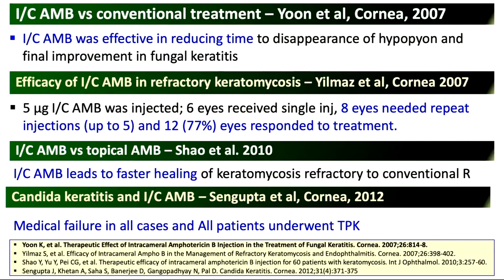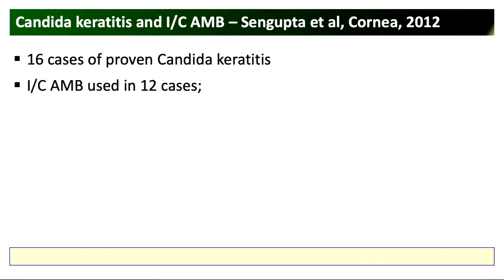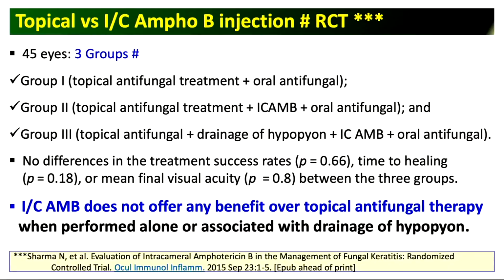There are a lot of publications and anecdotal reports. Some say it is acting, some say it is not, but then Namrata's paper came out with an RCT, and the paper said that intracameral amphotericin B doesn't offer any benefit over topical antifungal therapy, whether performed alone or with associated drainage of hypopyon.